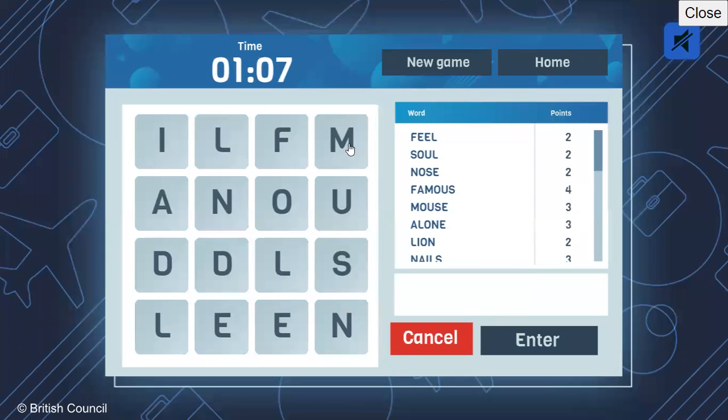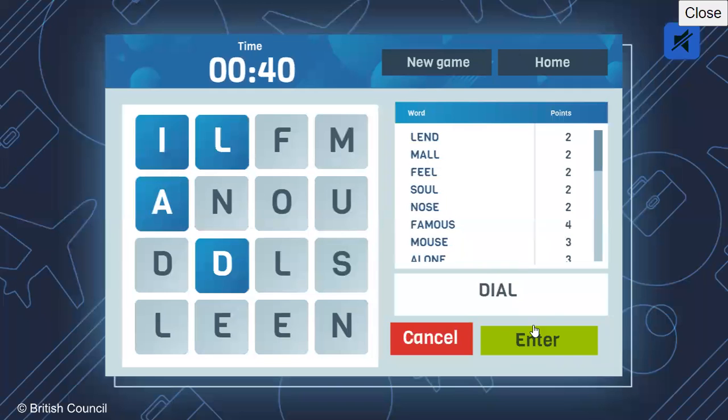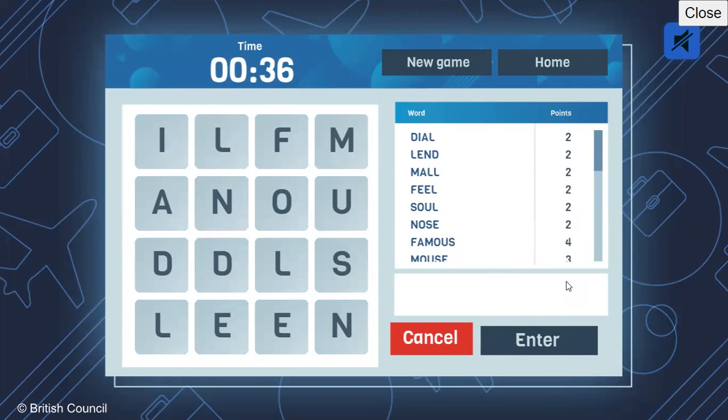Mall. Lens. Nice. Dial. Good. Fine. 20 seconds.